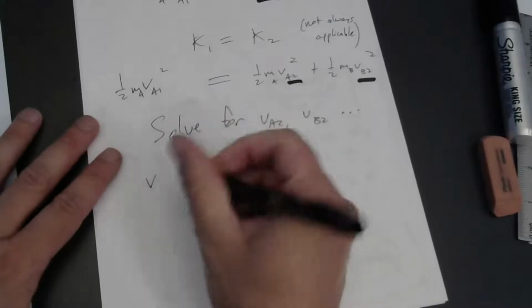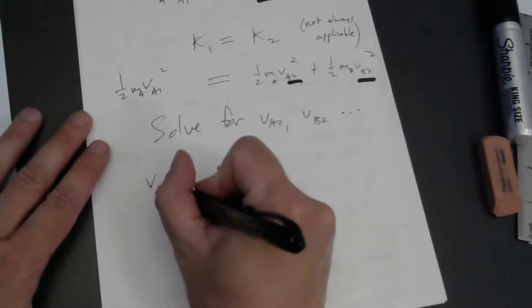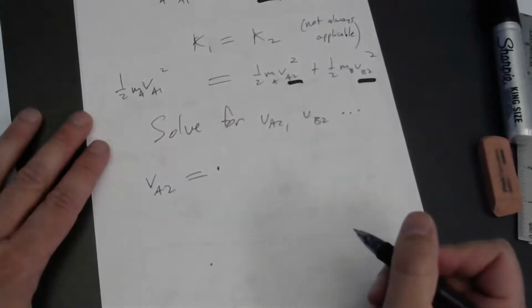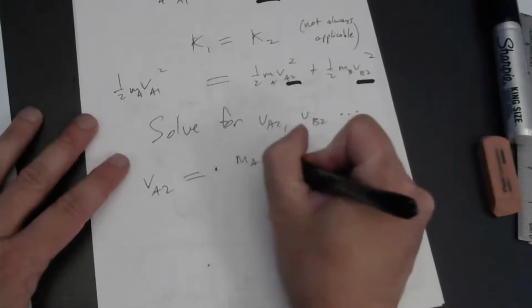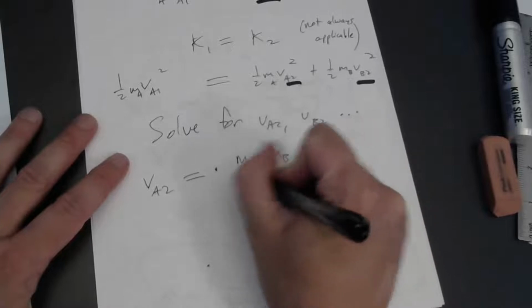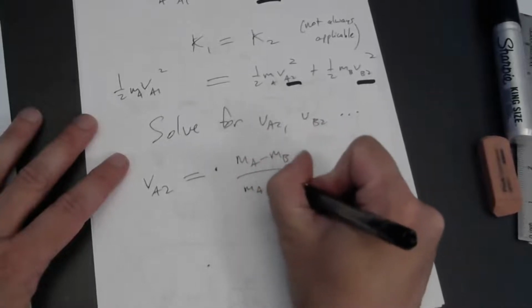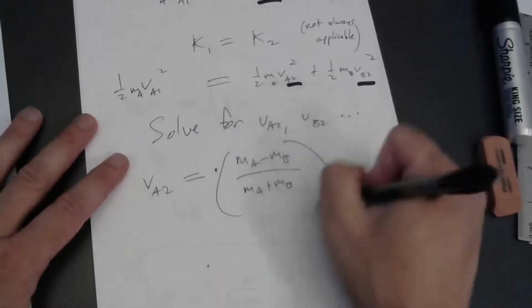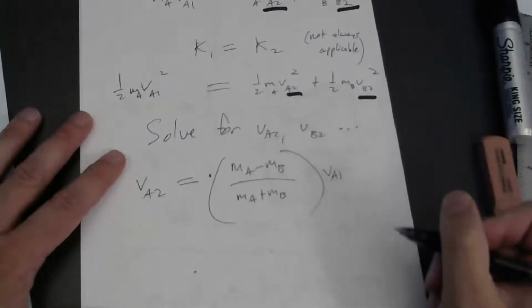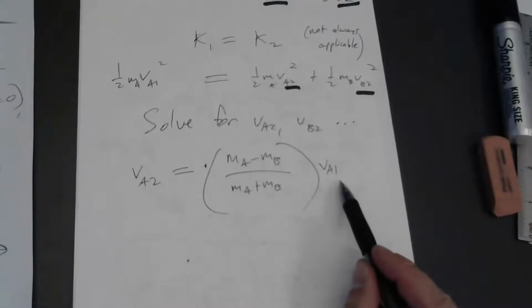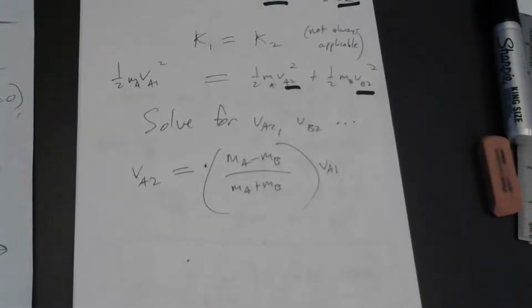The velocity of mass A after the collision. Here it is. Are you ready? It's difference over sum. Mass A comes first, minus mass B over MA plus B, times, well, it's got to be in terms of mass A's original velocity. It can't depend at all on mass B's original velocity because we know that that velocity is 0.